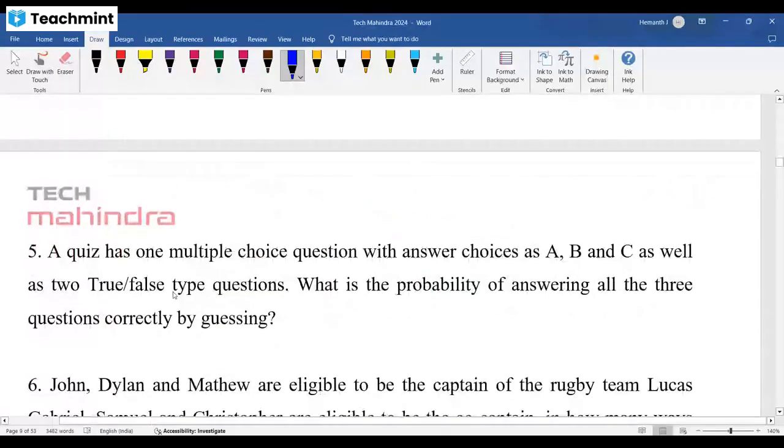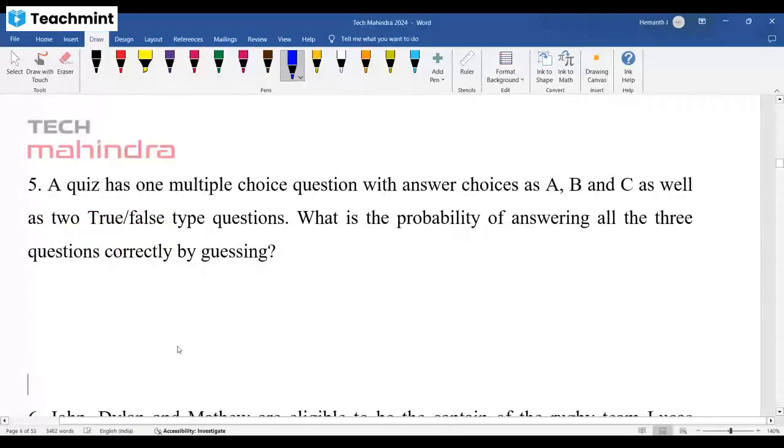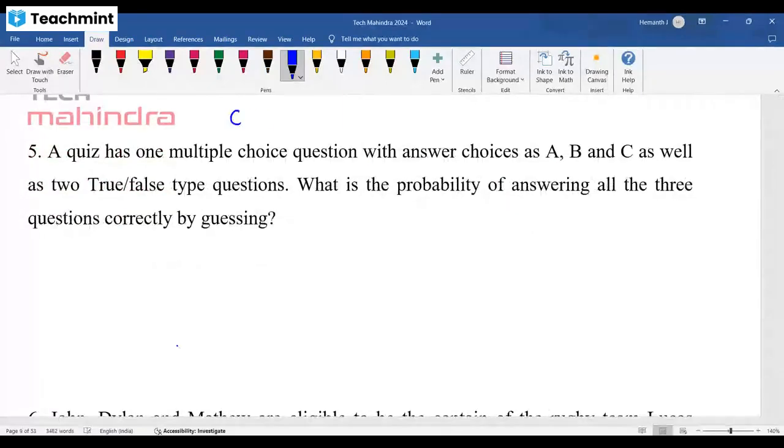Next, this is again related to probability, a quant related question. Here there is one multiple choice question with options A, B, and C, as well as two true or false questions.